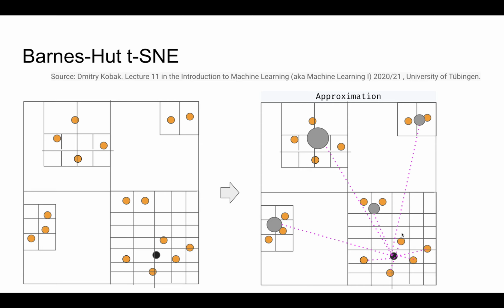And another implementation of t-SNE in scikit-learn is the Barnes-Hut t-SNE, and this is a very brief intuition of what it does. Let's say we have this set of data points. This is the point of interest shown here in the black dot.